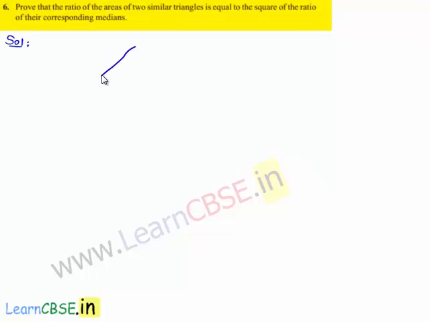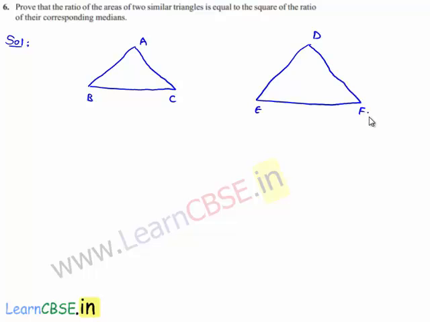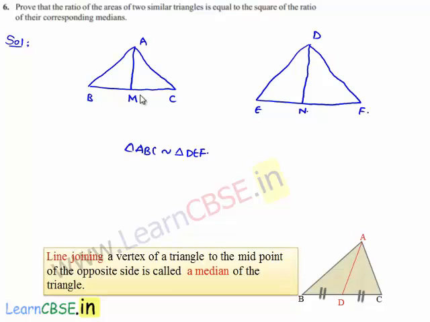Let us consider two triangles ABC and triangle DEF which are similar. Now in this, let us assume that AM and DN be the medians from A to M and D to N in triangles ABC and DEF respectively.